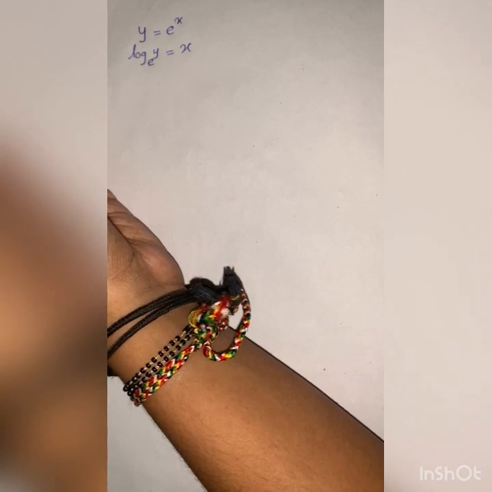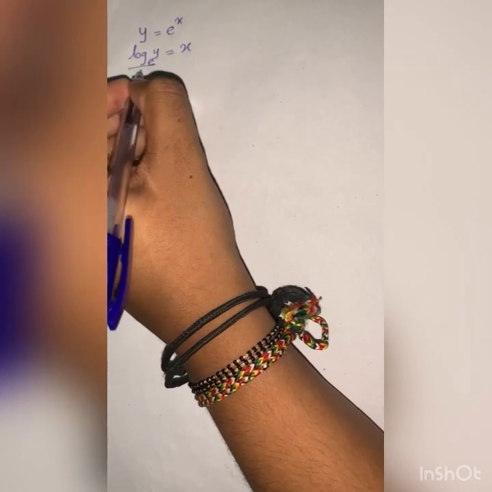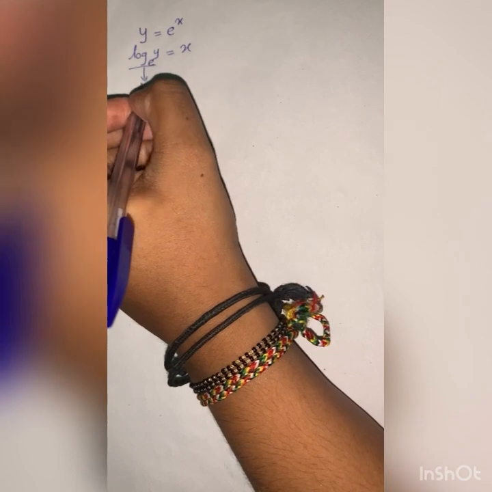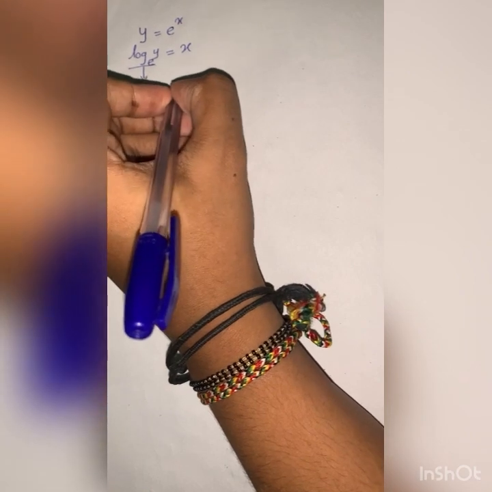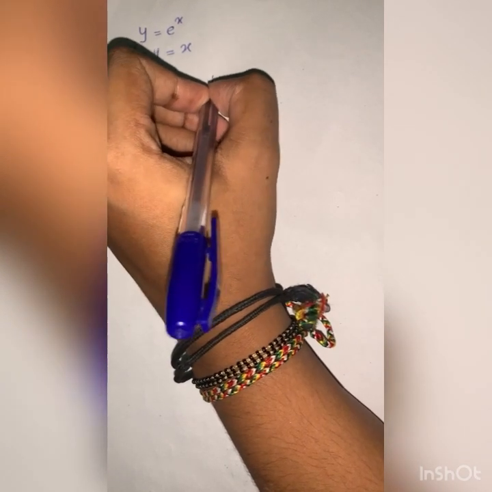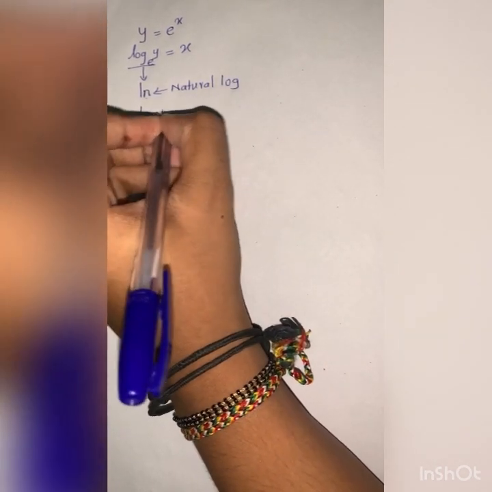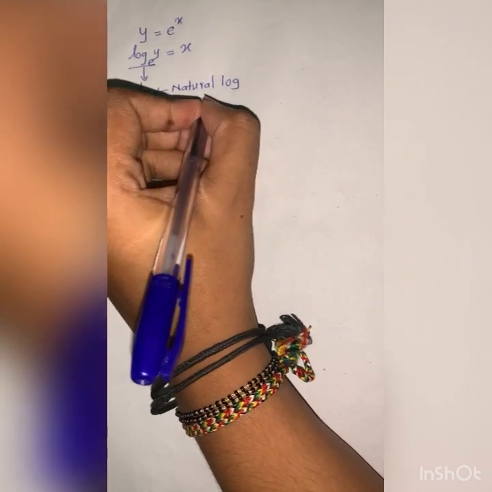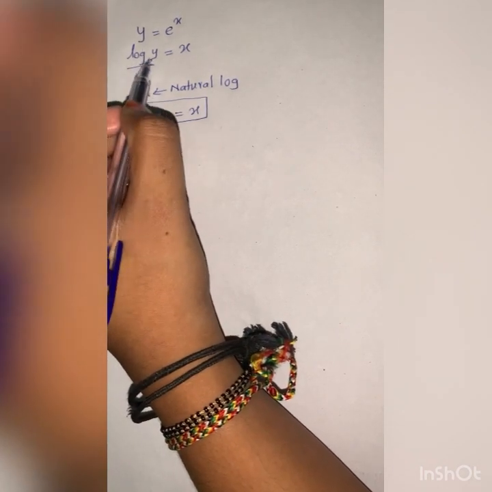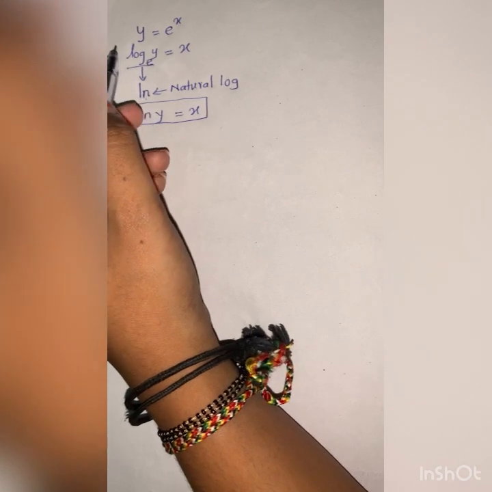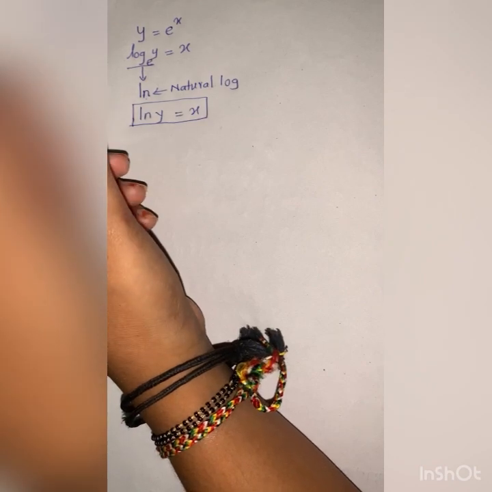This log base e is indicated as ln, which means natural log. So we can write ln y is equal to x. In calculus, whenever they mention log, it means ln, the natural log, not base 10.